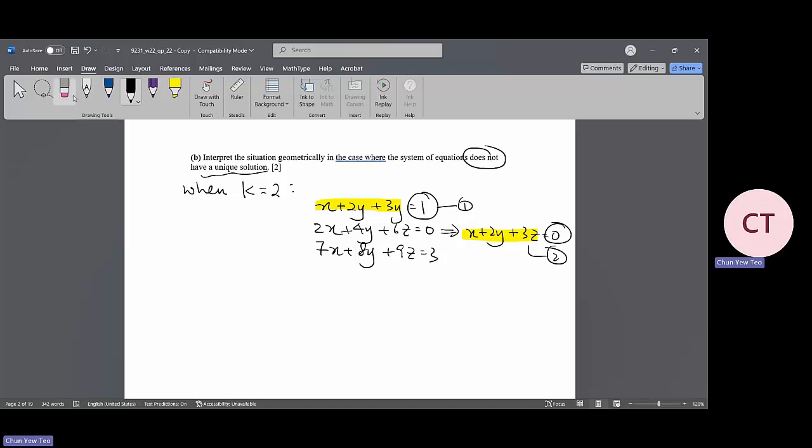They do not require us to solve it. So we just say that plane 1 and plane 2 are parallel. But we need to highlight that they are not identical.